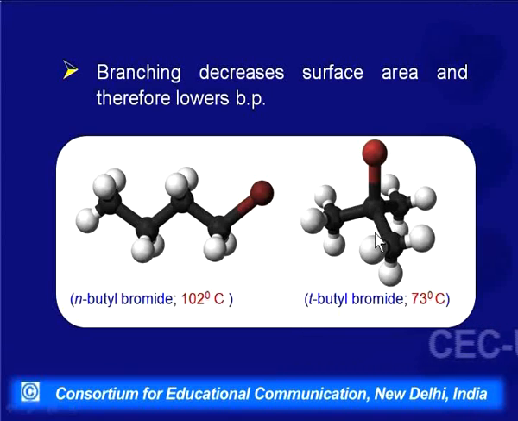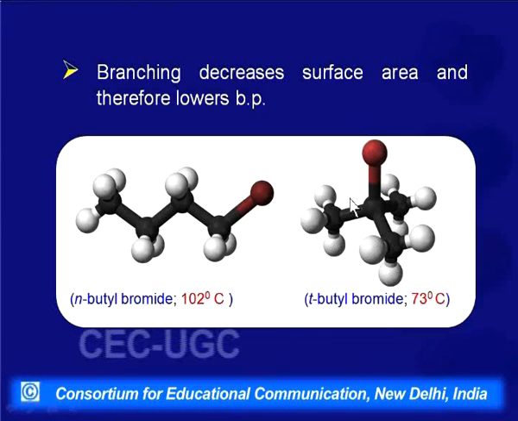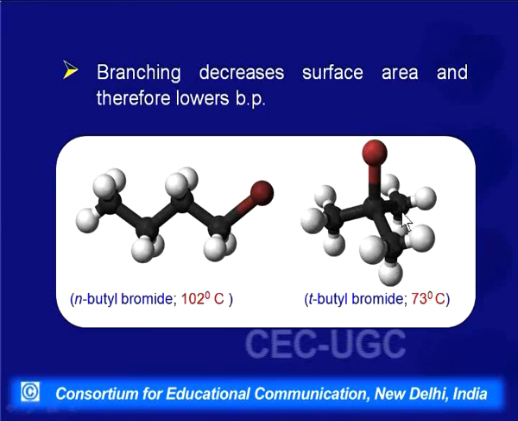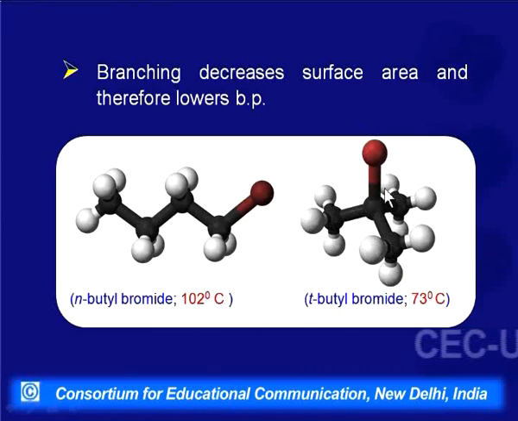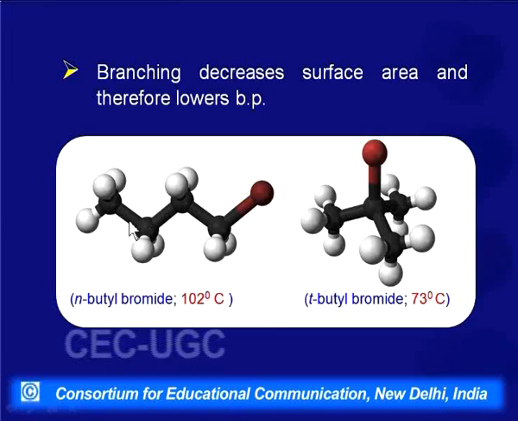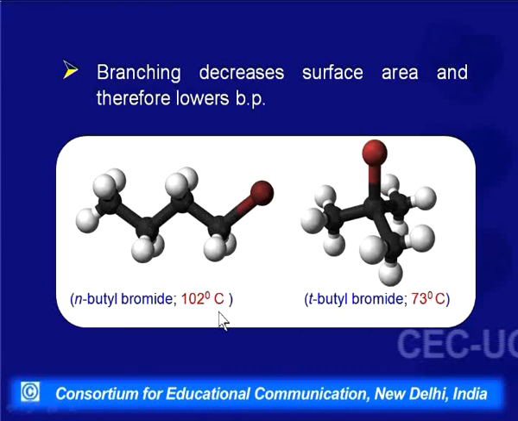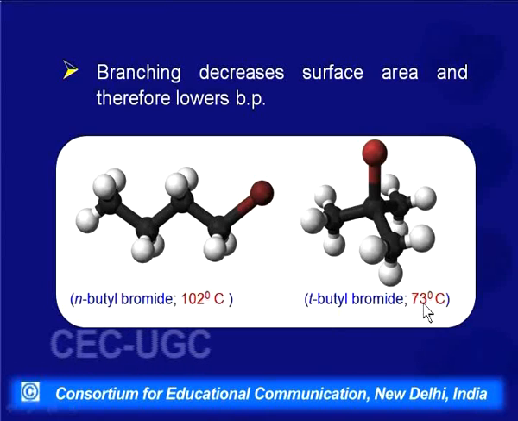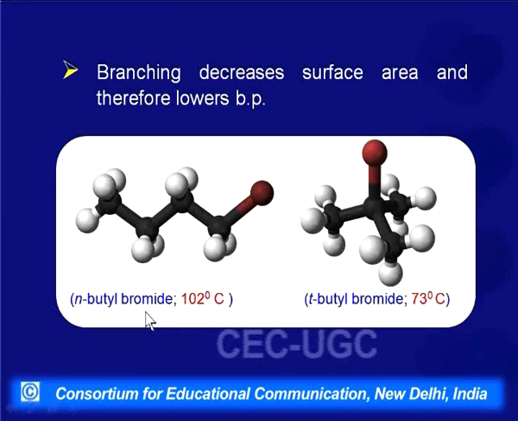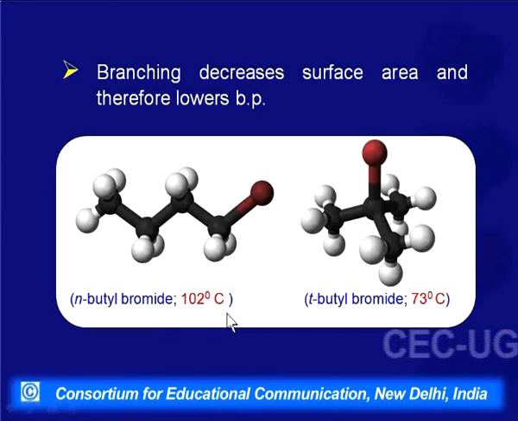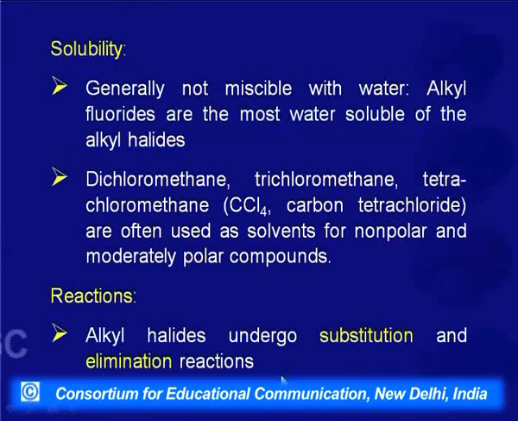By the alkyl group becoming branched, it forms a circular shape, and we can very well rationalize that this circular shape will have a lesser surface area as compared to this long chain compound. Therefore, as is very evident, the tertiary butyl bromide has a lower boiling point as compared to the normal, long chain butyl bromide, though both of these are the same compounds.